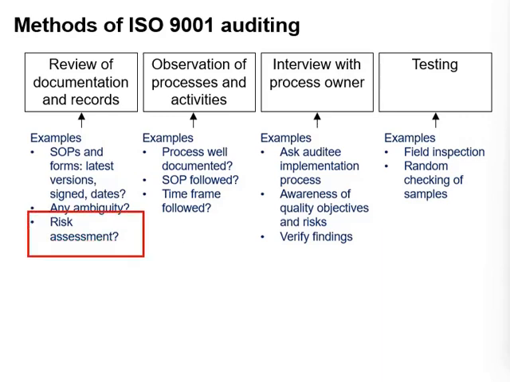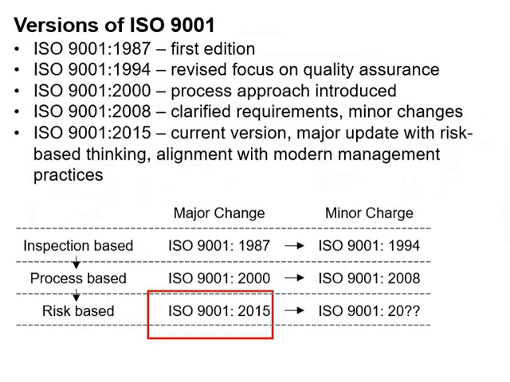And then the risk assessment. This risk assessment is newly introduced in the latest ISO 9001:2015 due to the evolution and emphasis on addressing the gaps they identified in the implementation of the ISO.